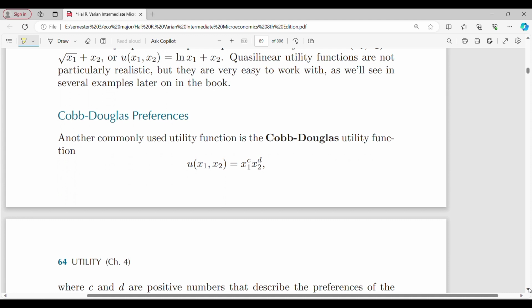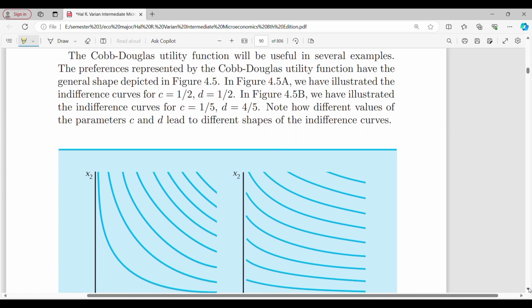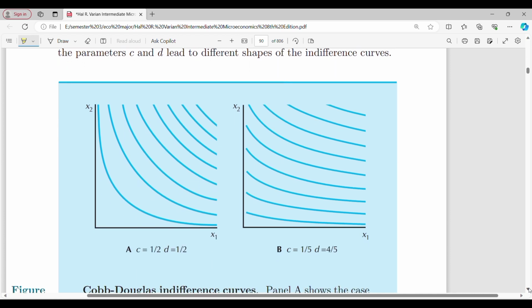Next is Cobb-Douglas preference. This is how the graph looks, and how we derive it.